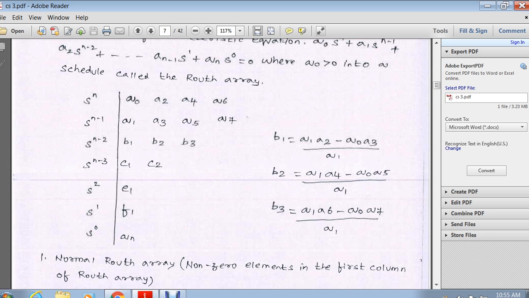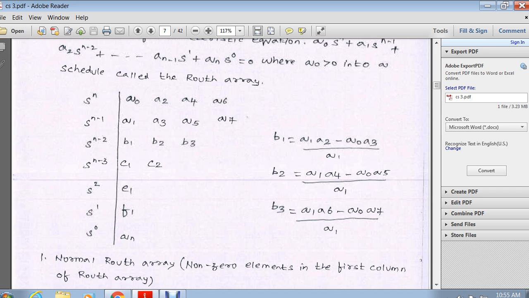For that we have the corresponding factors of that power of s. a0, a2, a4, a6 is called the even row, and a1, a3, a5, a7 are the odd row, like that. From that we need to fill the remaining powers of s.